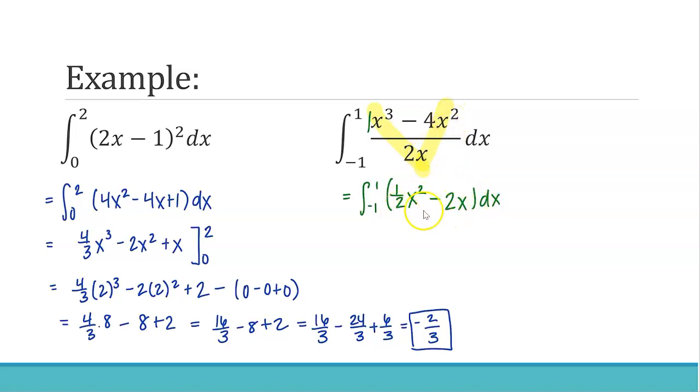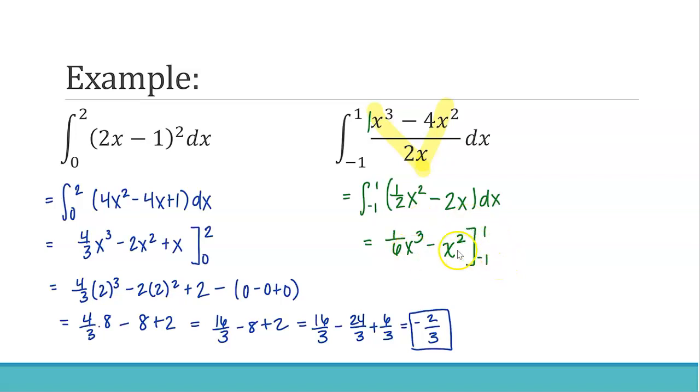So now we have just these two terms subtracted, and we can apply the power rule for integrals, take the antiderivative here. So we're going to get 1/6 x cubed, right? So add a power, divide by the new power, makes this 1/6 x cubed minus x squared. So add a power, that will become x squared, divided by 2, the 2's will cancel. And then we have from -1 to 1.